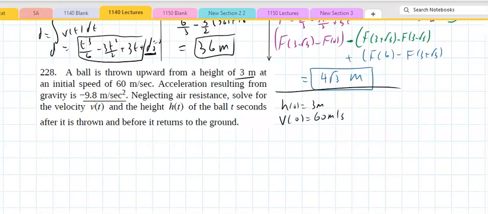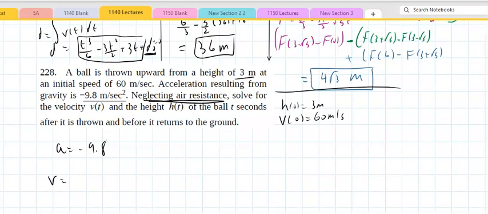You're expected to remember that for physics and other courses, even throughout the rest of this course. Every time you drop an item and the only thing working on it is gravity, neglecting resistance, you assume the acceleration is negative 9.8 meters per second squared, and if it's in feet, that's negative 32 feet per second squared. Solve for the velocity.